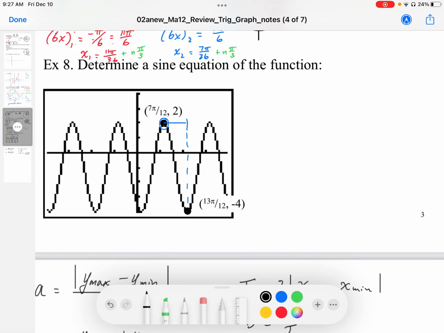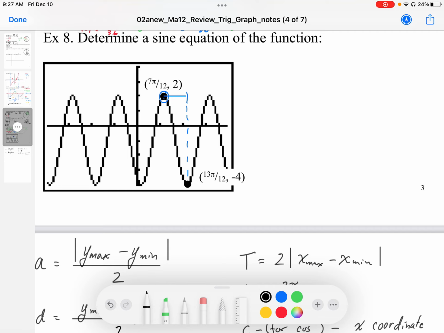So I want to find my a value. The a value is going to be half the distance from the top to the bottom. So it's going to be 2 minus negative 4, which is 6. Take half of that distance, I get an amplitude of 3.